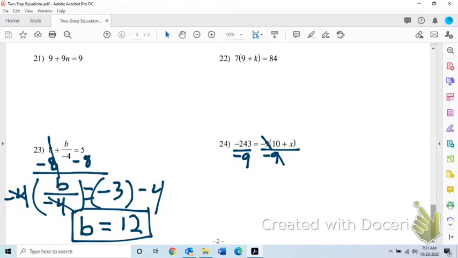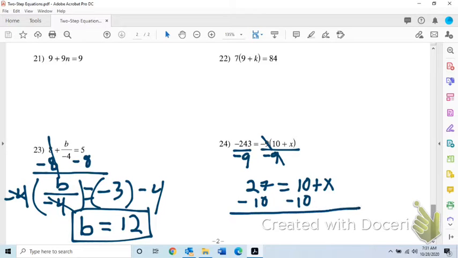Grab our calculator and we go negative 243 divided by negative 9, which gives us a positive 27 equals 10 plus x. So now we simply subtract 10 from both sides and we get 17 equals x.